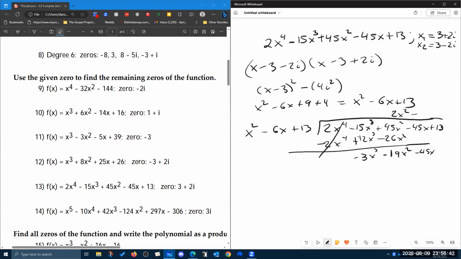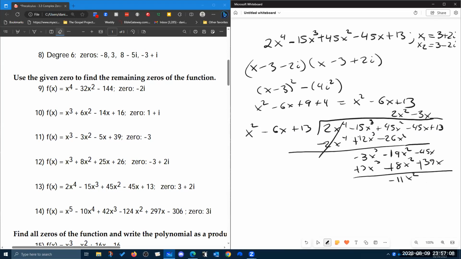This is going to be a -3x, -3x to the third, positive 18x squared, minus 39x. Change my signs and add. -11x squared.